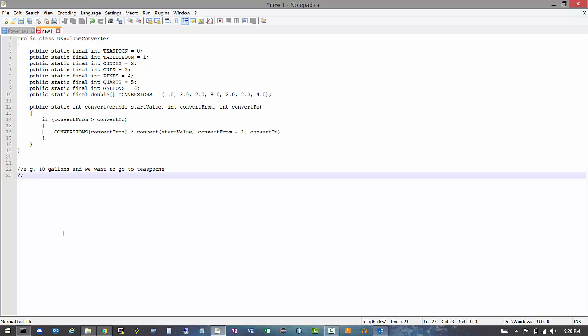What we've done is we've said we have a conversion factor of 4 to 1 between gallons and quarts. So if I multiply my value by 4, I will now know how many quarts I have from the original. But I know quarts isn't what I want, so let's go further down the line. We still have the same start value, and that's going to come into play at the very end in the terminal case.